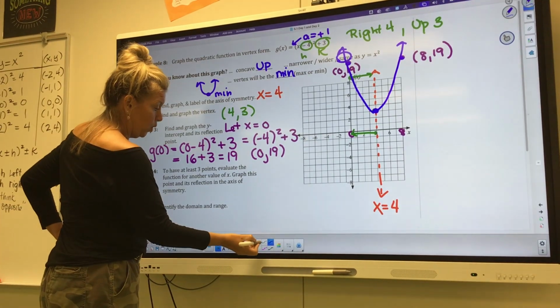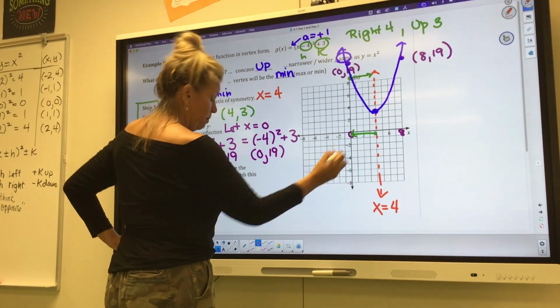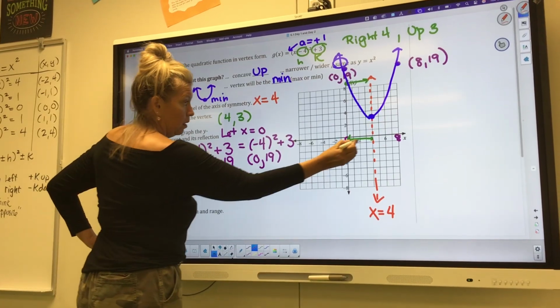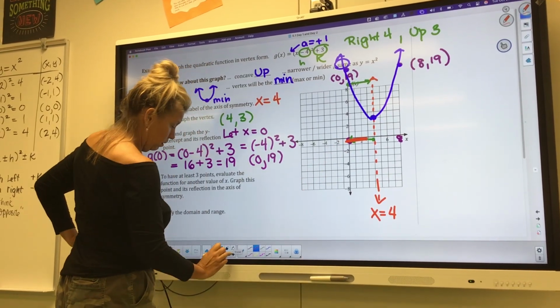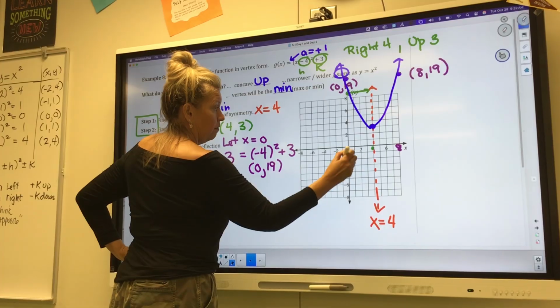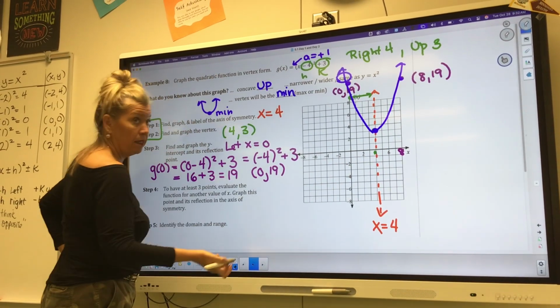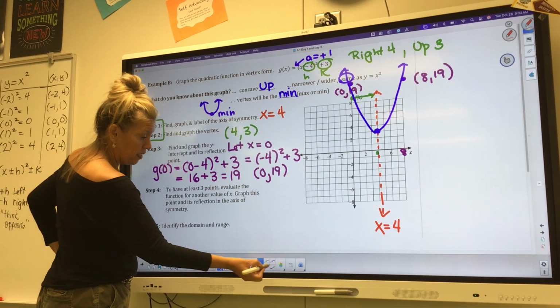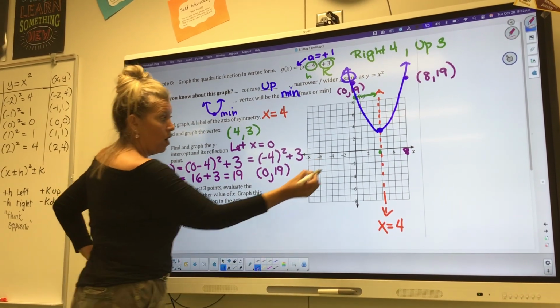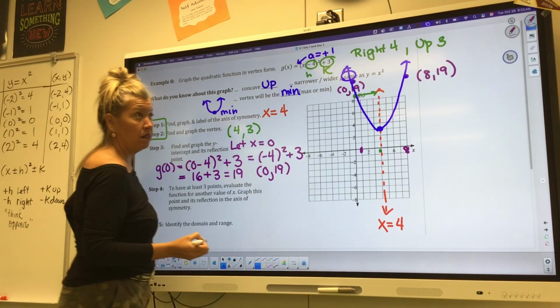So I'm going to choose a number along the x-axis from 0 to 4 or from 4 to 8. It doesn't matter. So I'm just going to substitute the number 1 in for x.